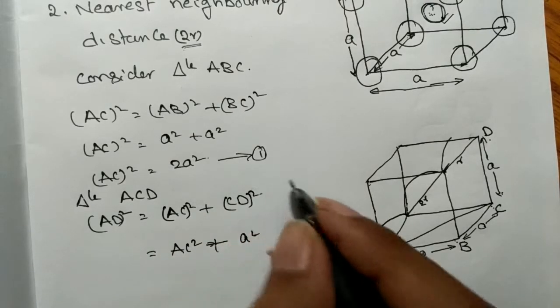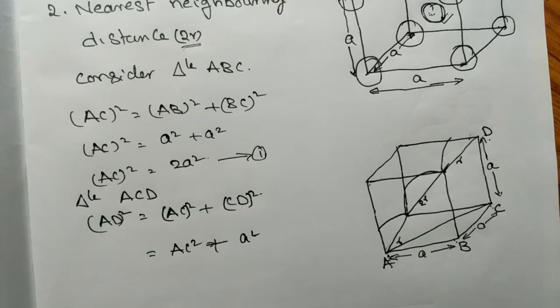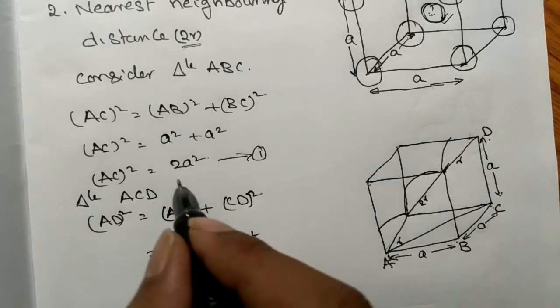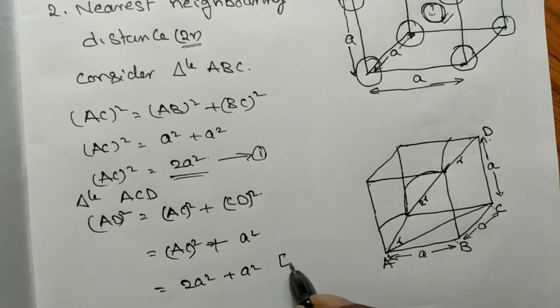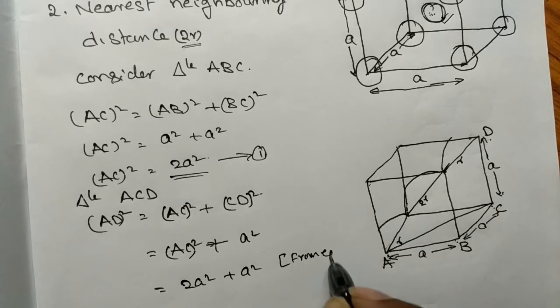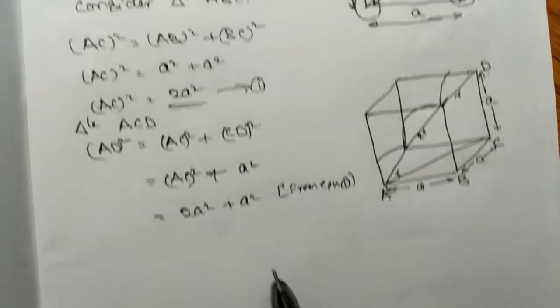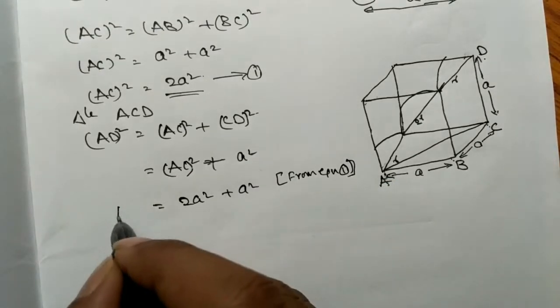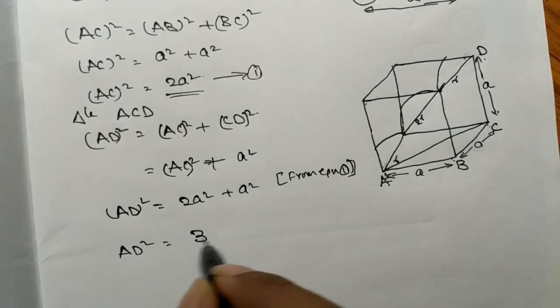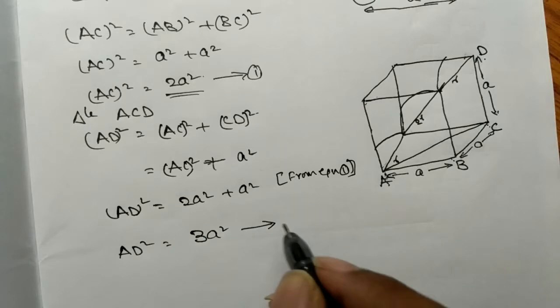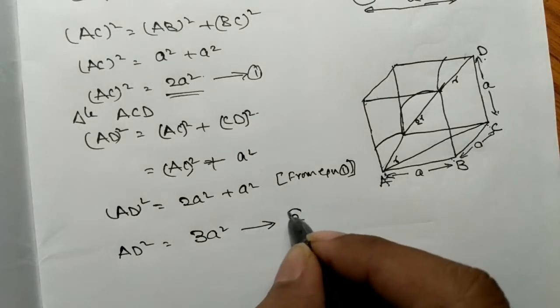For safety I am putting brackets. We know from equation 1 that AC square is equal to 2a square, and CD square is a square. Then AD square is equal to 3a square. This is equation number 2.